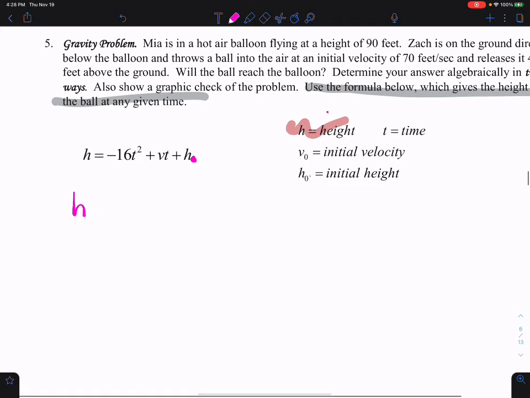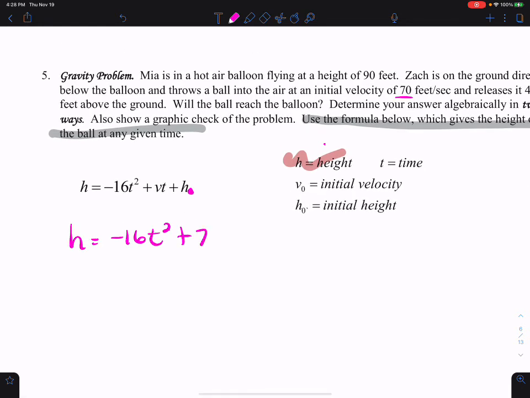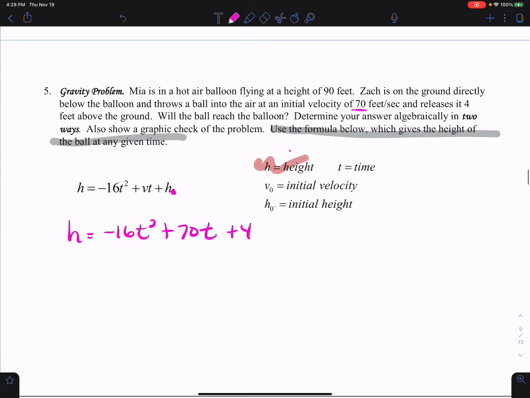So the height of the ball at any certain time is negative 16t squared plus its velocity. Its velocity is given to us as 70 feet per second, so 70 feet every second, and its initial height was 4. So what they want us to wonder is, will the ball reach the balloon?